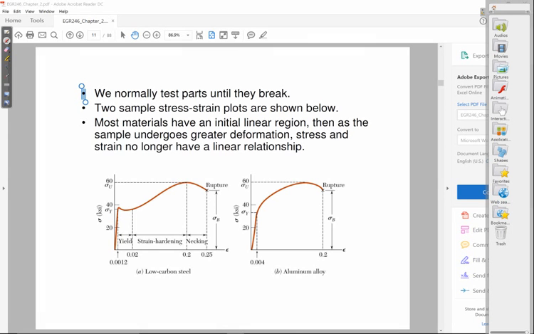Why is there this peak in these stress-strain plots? And the reason for that is basically the way that mechanical engineers come up with these stress-strain plots.